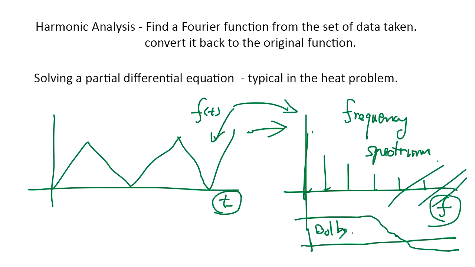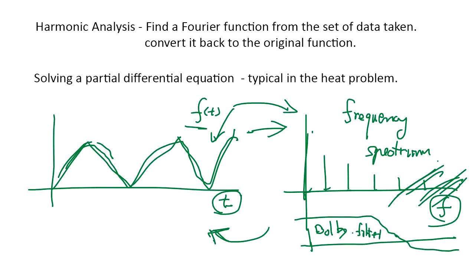So what happens to the original waveform? After you remove some of the upper terms and convert the Fourier series back into the original f(t), then you will get the exact waveform after you feed the signal to the Dolby filter.